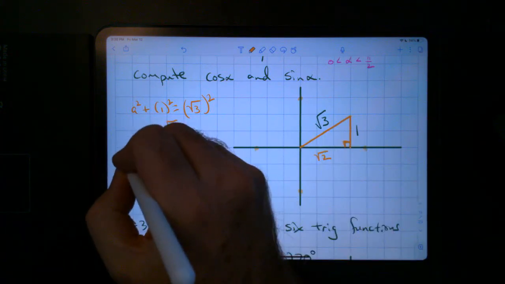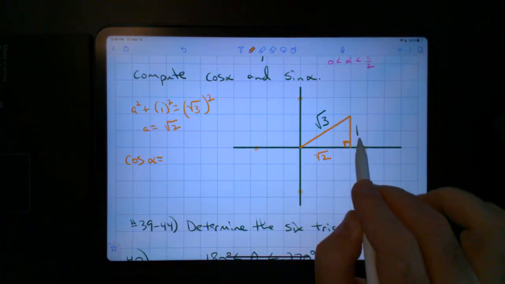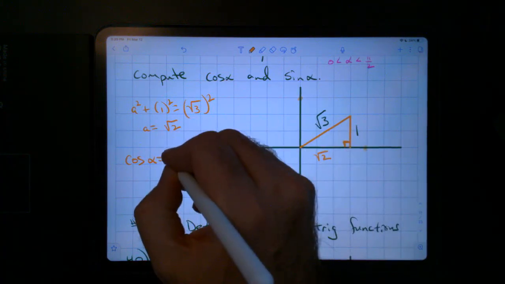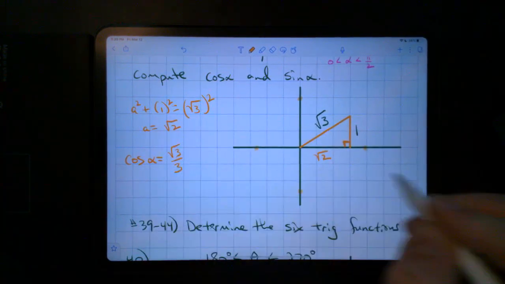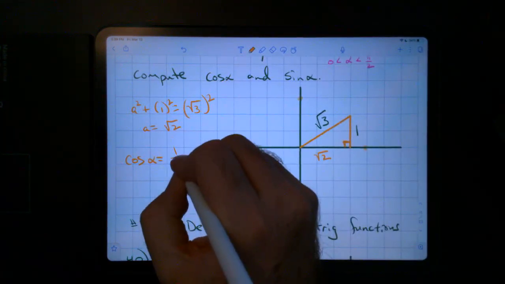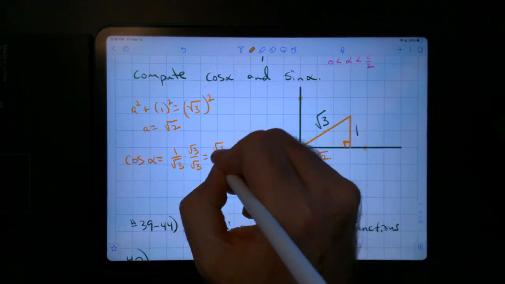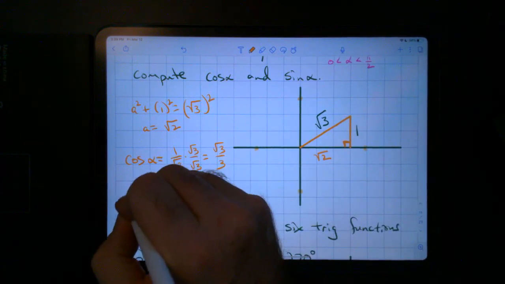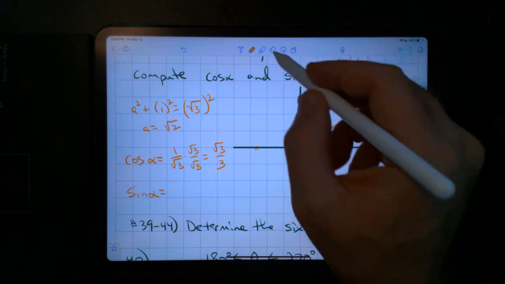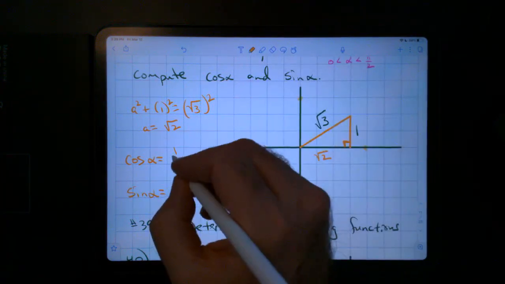So cosine of alpha is going to be 1 divided by radical 3. Rationalize that denominator, and you have radical 3 over 3. And sine of alpha, oh, I apologize for this.